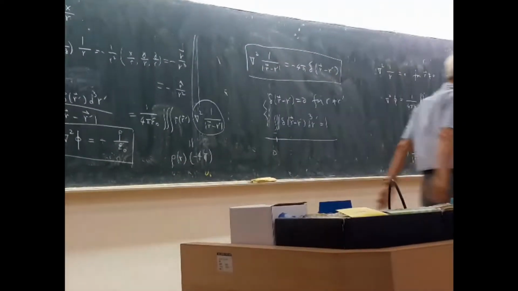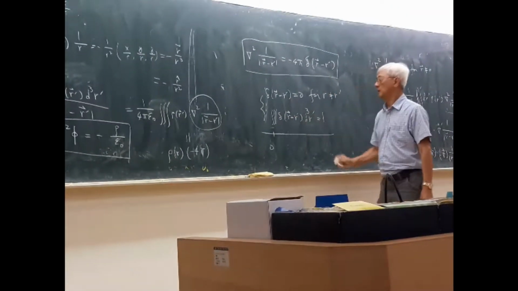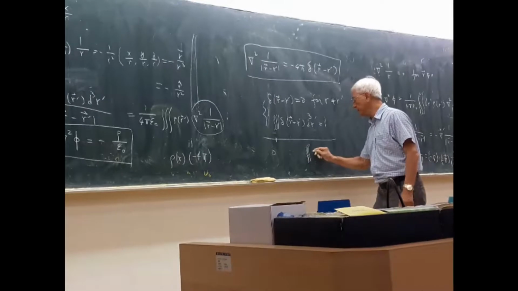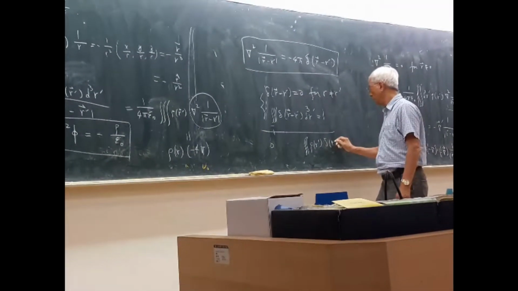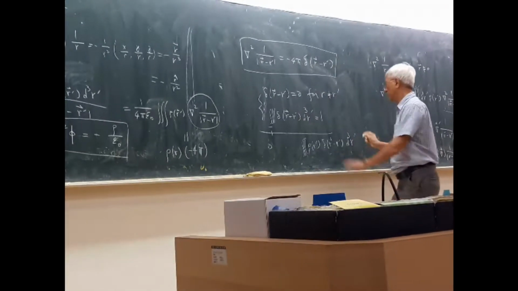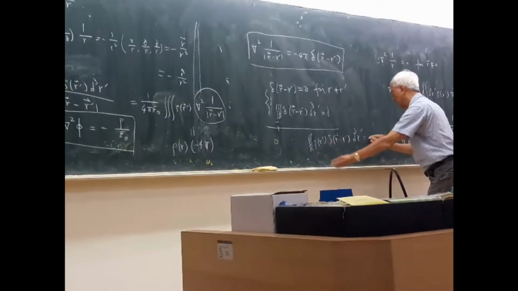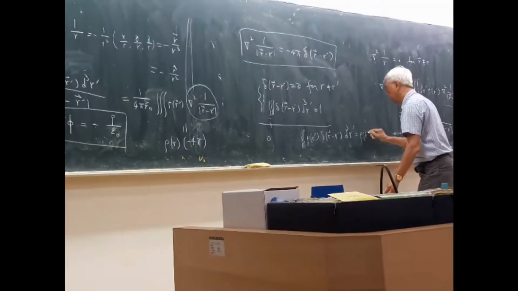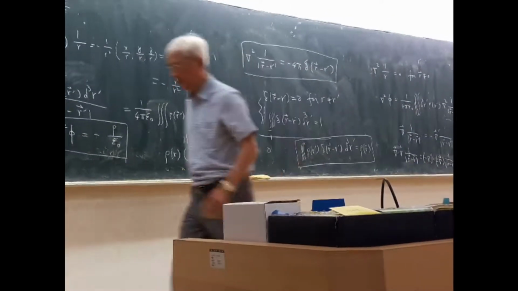And because of that, for any function multiplied by delta R minus R prime, when R is not equal to R prime it is 0, so you can take out rho R. That is the definition of the three-dimensional Dirac function.